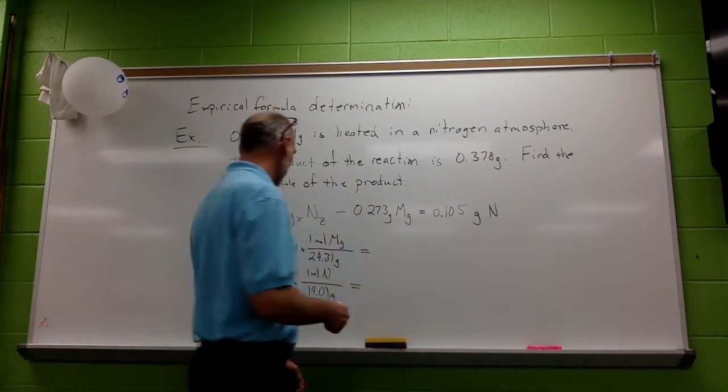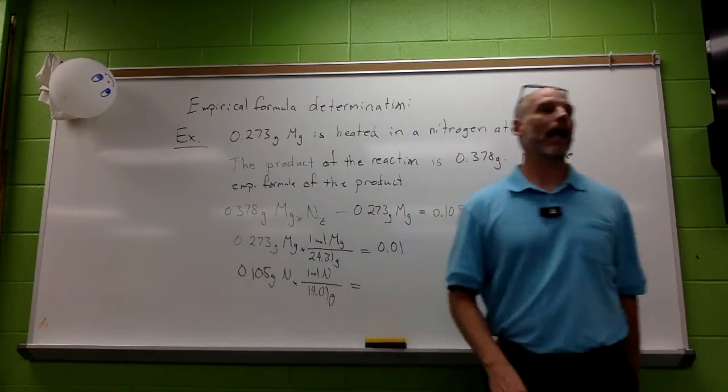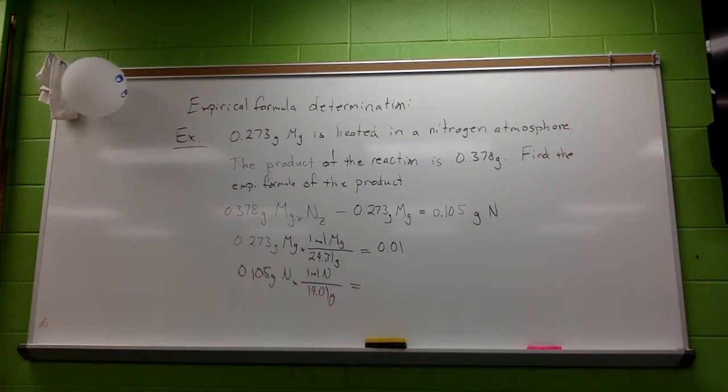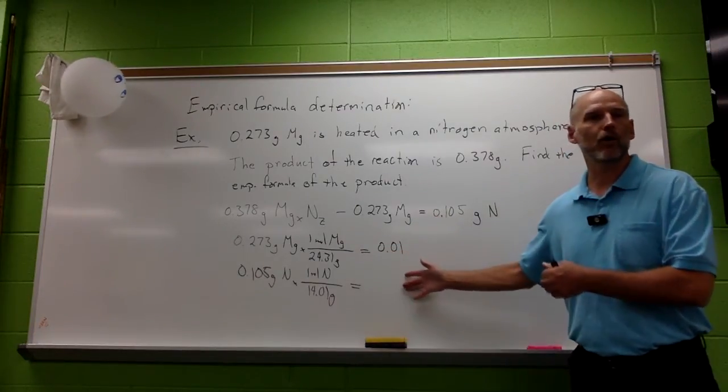Alright, so around here we're looking at what, 0.01-ish? Actually, they will have you do this. I have seen on the AP exam, multiple choice, have you guys do empirical formula problems with no calculator. Don't get your panties in a bunch, because what will happen is things will turn out to be like 0.015 and 0.03.